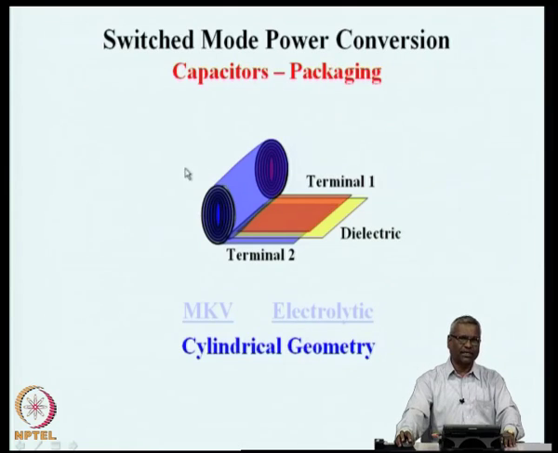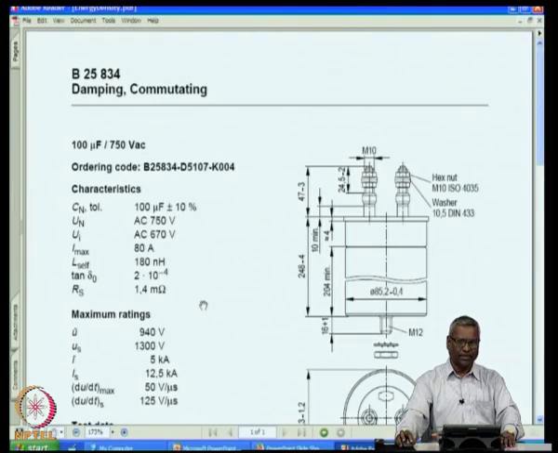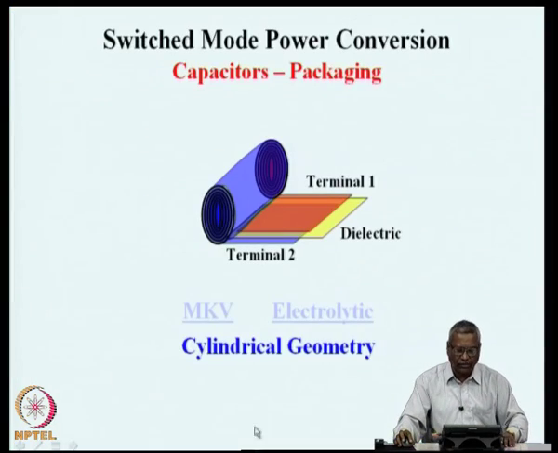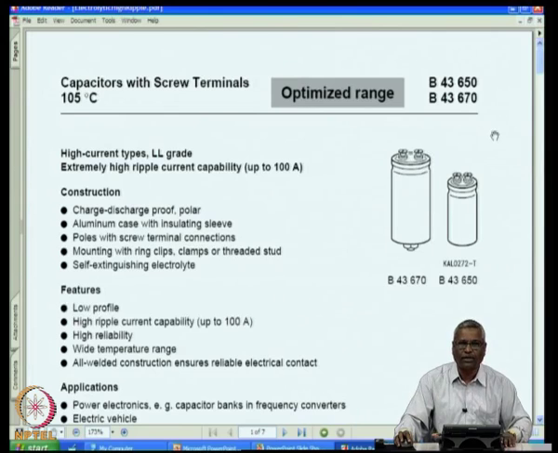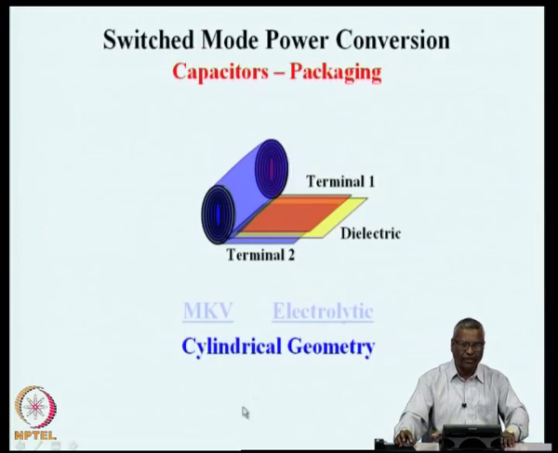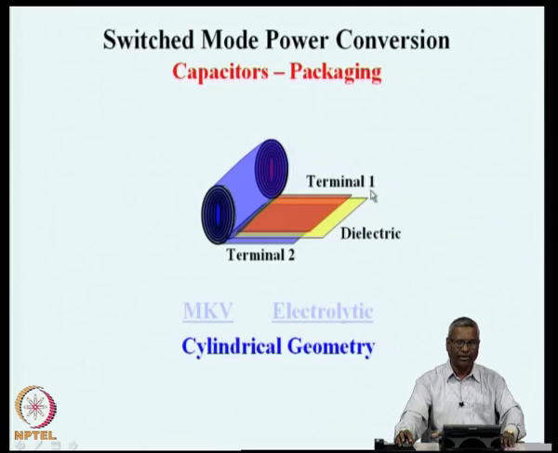The construction of a capacitor, or the packaging of a capacitor, is more or less in a cylindrical geometry. We had seen that both these capacitors, the bipolar and the electrolytic unipolar ones, have a cylindrical geometry, obtained by winding two terminals with a dielectric material in between, which is rolled into a cylinder.